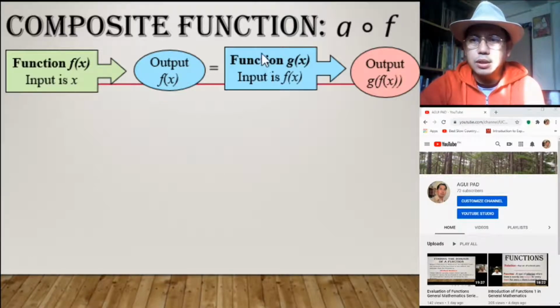So you'll notice here, the function g of x has an input of f of x. So if we make use of f of x as the input of g of x, we will have another output which is g of f of x. So that is the reading. Again, the reading of this last output is g of f of x. So that is how the composition of functions works.